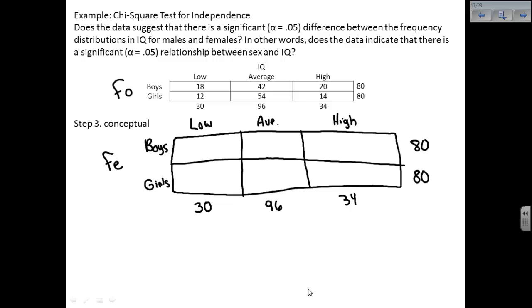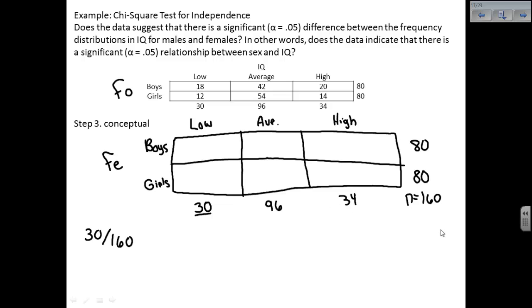So if you think about it, if 30 out of 160 children have a low IQ, so 30, N equals 160, you can get this by adding 80 plus 80, 80 boys plus 80 girls, or 30 people with a low plus 96 with an average plus 34 with a high. Both ways you go, you're going to get 160.